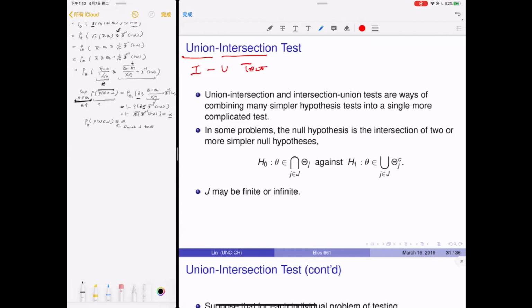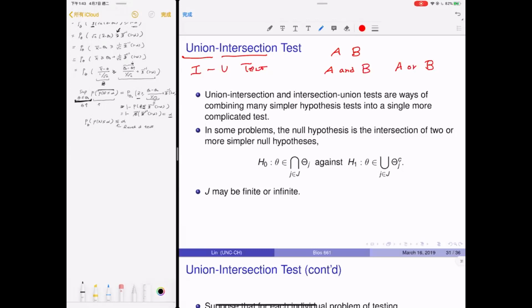Sometimes we are going to test whether A or B holds. Imagine you are doing two hypothesis tests. If you want to have A and B correct, how do you reject it? As long as A or B is wrong, you reject your null hypothesis. Making sense?